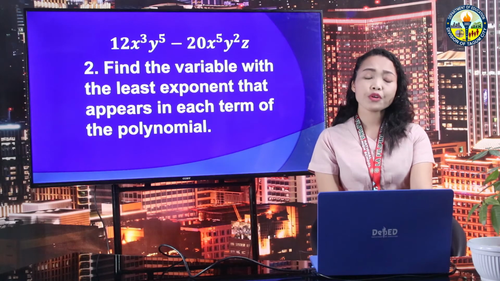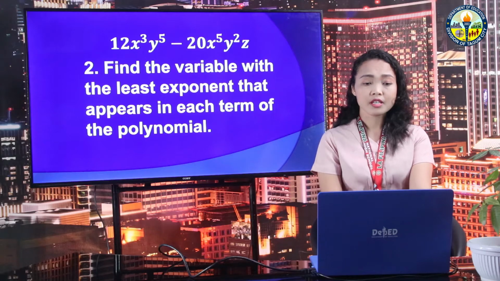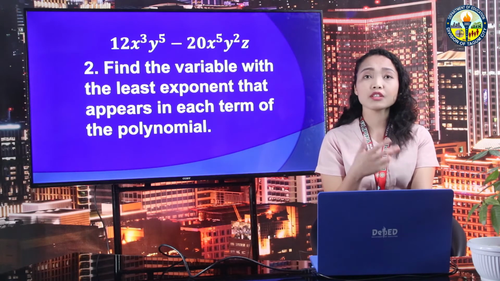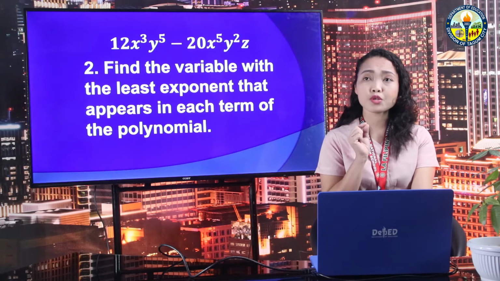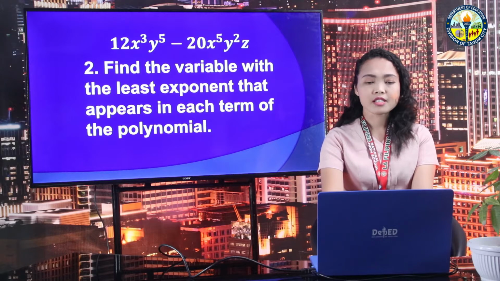We're going to find the variable with the least exponent that appears in each term of the polynomial. So this time we're going to look at the variable. We will choose the variable with the least exponent. Kanang ay pinakagamay nga exponent. In the first term, we have x cubed.